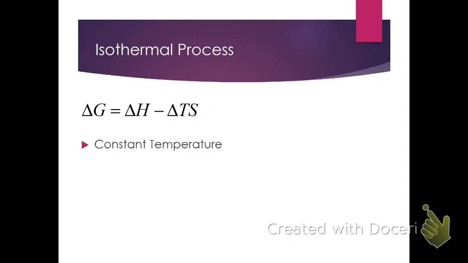But if the process is isothermal, being constant temperature, then this reduces to the more familiar expression that you have no doubt used before: delta G is equal to delta H minus T delta S. For most of the situations that we'll be discussing, this is the expression we will use when determining delta G for a particular process.